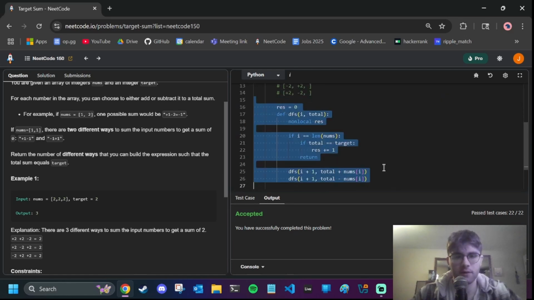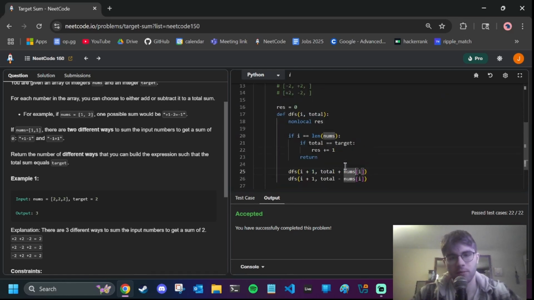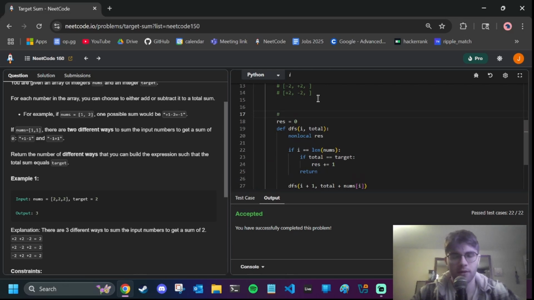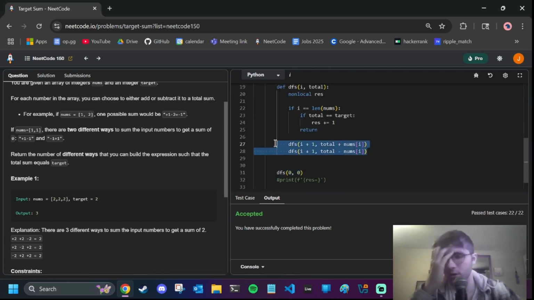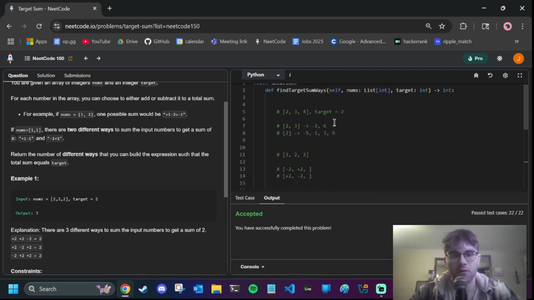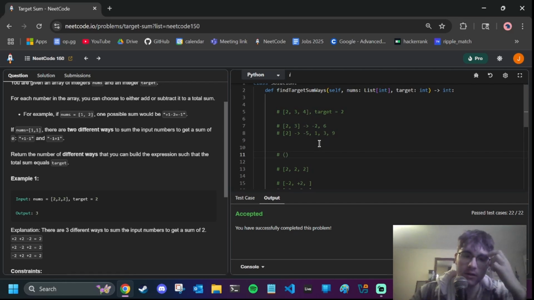So let's think about this time complexity. If the length is n, then this is, we're doubling every time, like 2 to the n, because for every call, there's 2 more calls, and we do that n times. For this one, it still does look like it has the doubling sort of nature, but maybe it doesn't.